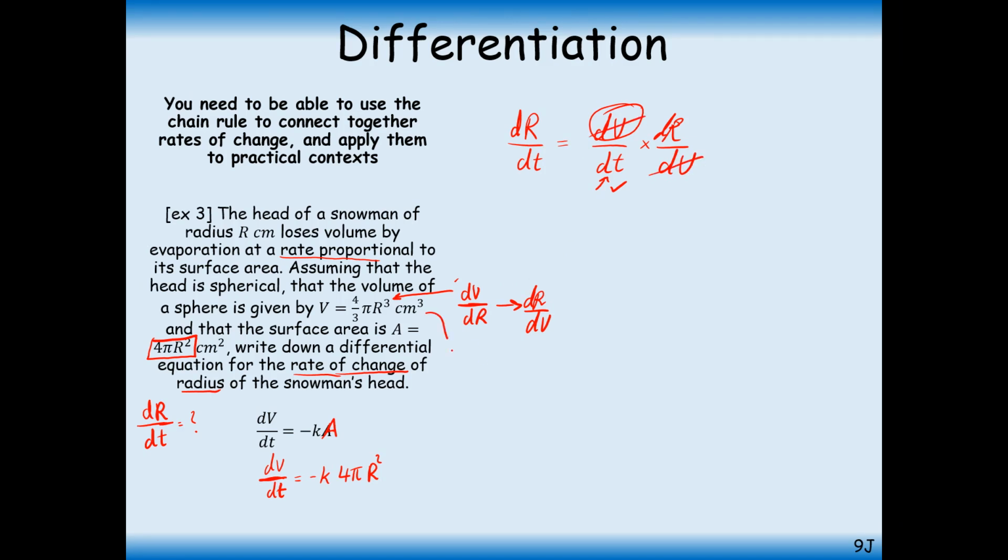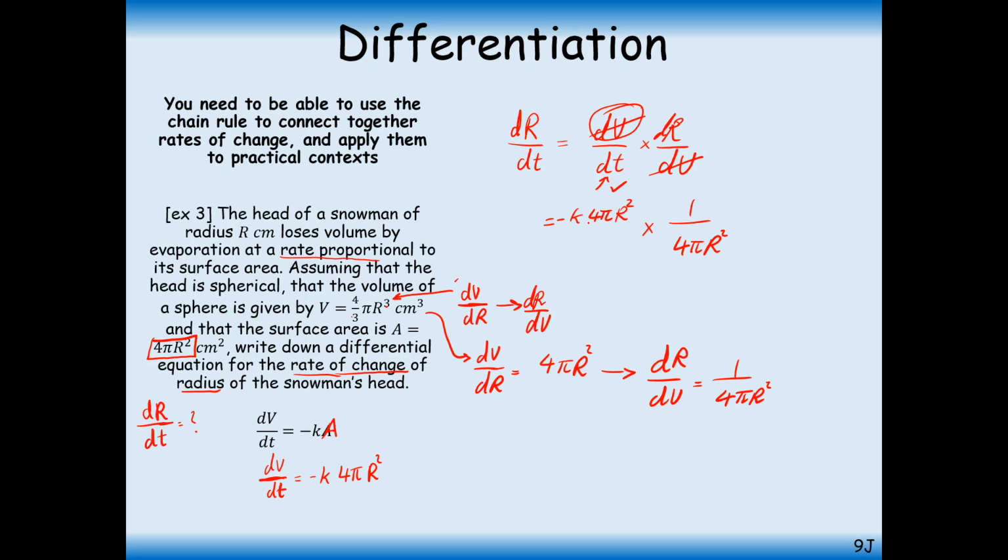So let's figure out what dv by dr is first of all. So dv by dr, by r I mean capital R, is going to be 4 pi r squared, because the 3 as a power will multiply by the denominator, cancel that away, and its reciprocal, therefore dr by dv is going to be 1 over 4 pi r squared, and we need to multiply that by dv by dt, which is simply negative k multiplied by 4 pi r squared.